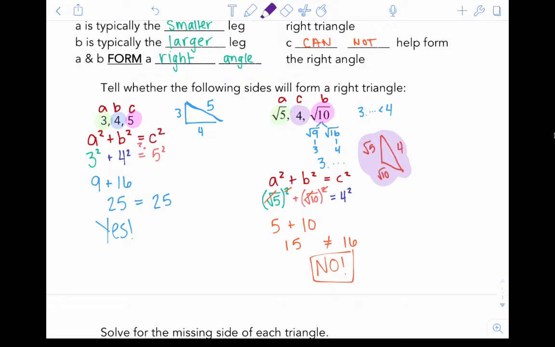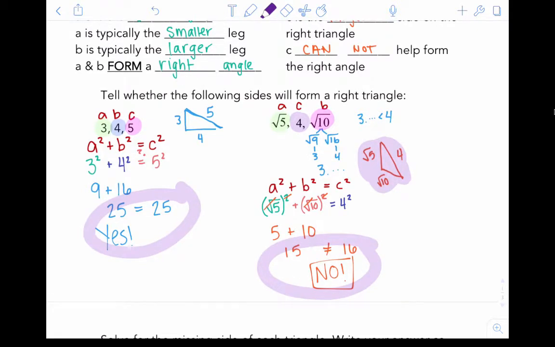You just figure out what your A, B, and C are, and then you substitute them in for A, B, and C in the Pythagorean theorem and simplify it down to see if they're equal. If they're equal, then they are going to be a right triangle. If they're not equal, then they will not be a right triangle.